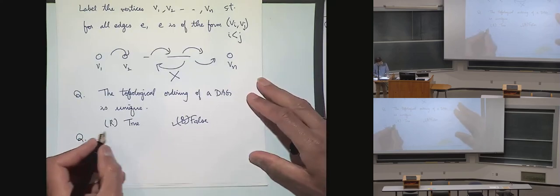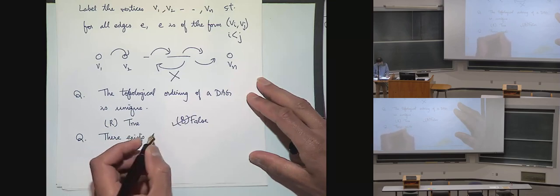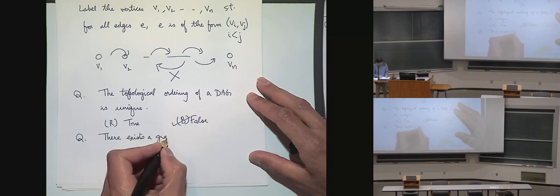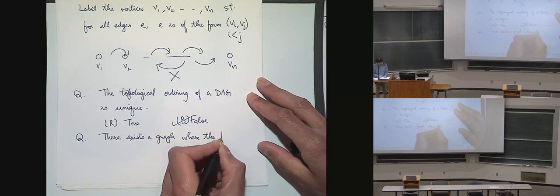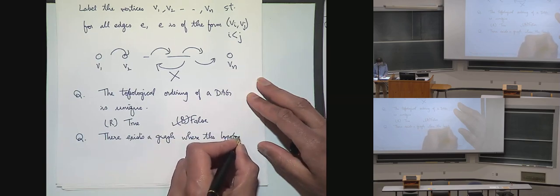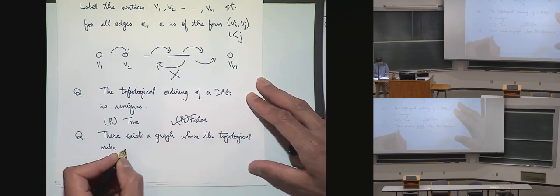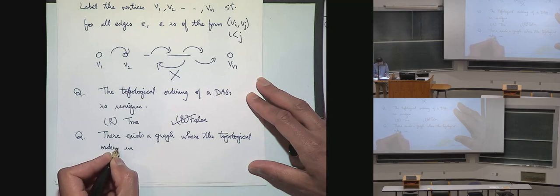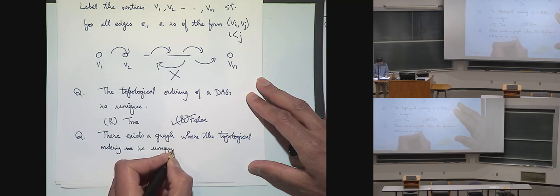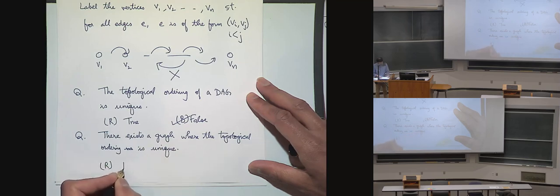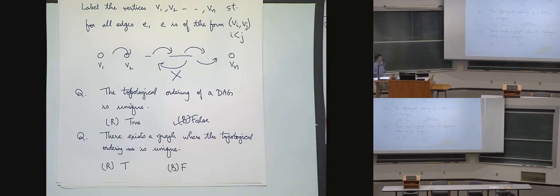Now, there exists a graph where the topological ordering is unique. Is it true? False? It's a bit more subtle, the question.